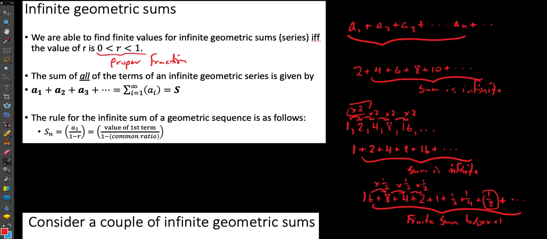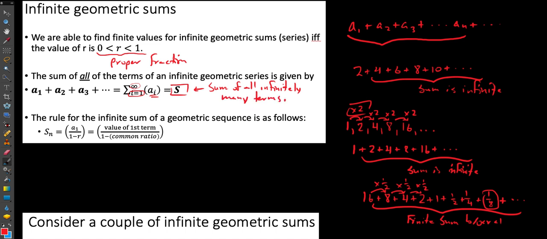We say the sum of all the terms of an infinite geometric series, a1 plus a2 plus a3, starting at the first term and going on forever of the sequence given by this rule, we just write s. Notice it doesn't say s sub n, it just says s, because this is the sum of all infinitely many terms.